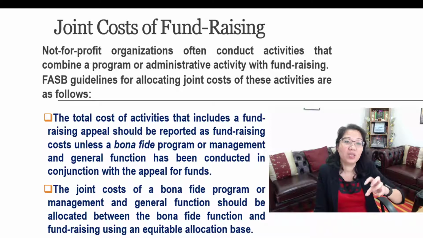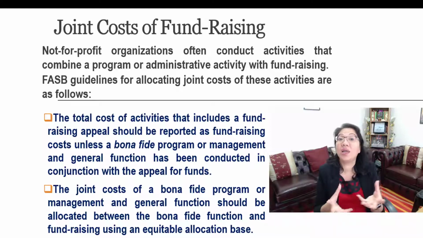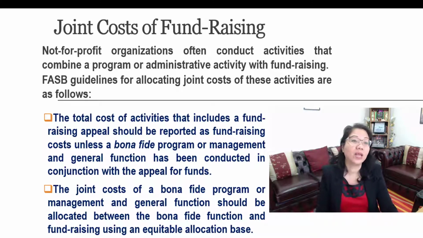So there will be a combined program and administrative activity combined with what? With fundraising, right? So FASB guidelines for allocating joint costs of these activities are explicit.